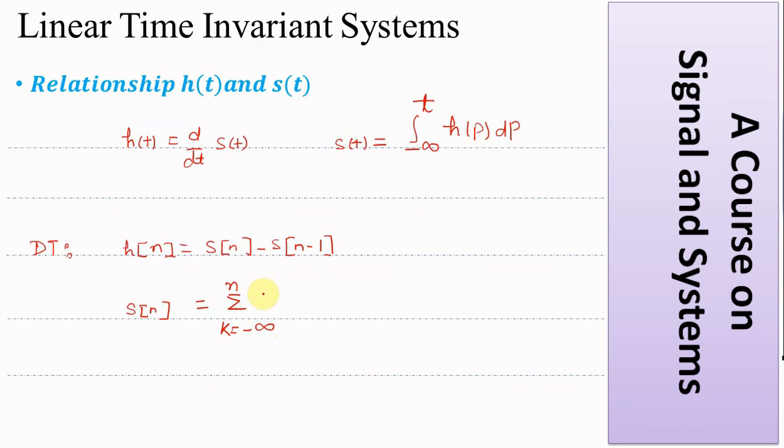We are adding the impulse response. So for the variable of the impulse response we have changed the summation variable to be k. So I just add all the values of h[k] up to the nth instant to evaluate the step response of the system. So this is how these two are basically related to each other.